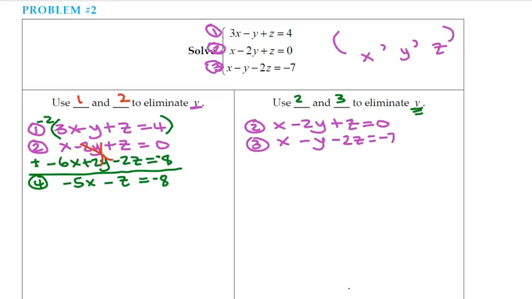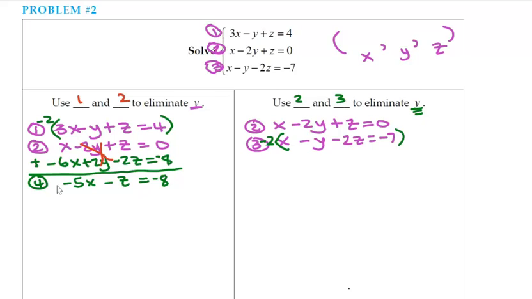So again, like we did before, we've got to think about what I need to multiply this equation by so that when I add the y's together, they'll zero out. And so I need to multiply it by negative 2. Negative 2 times negative y gives me positive 2y.